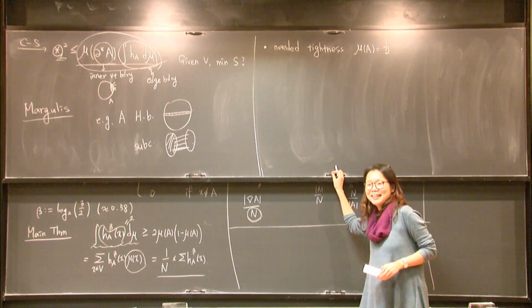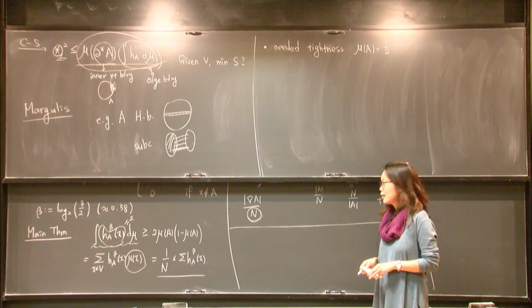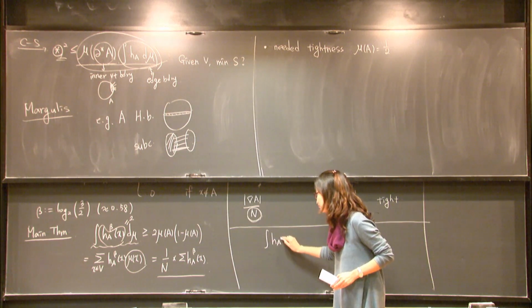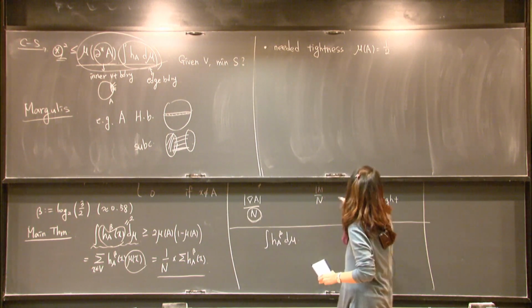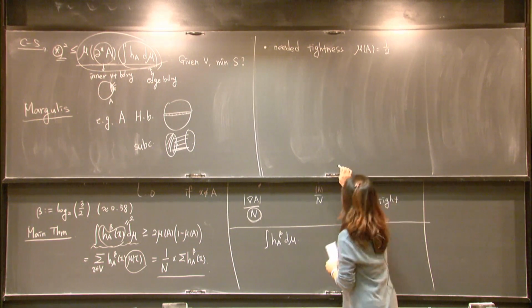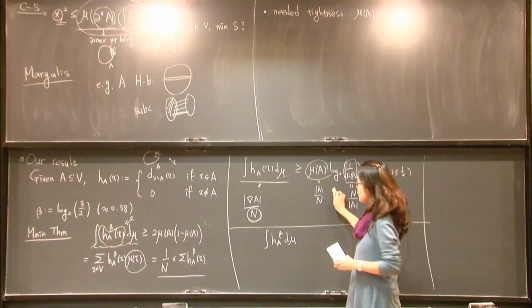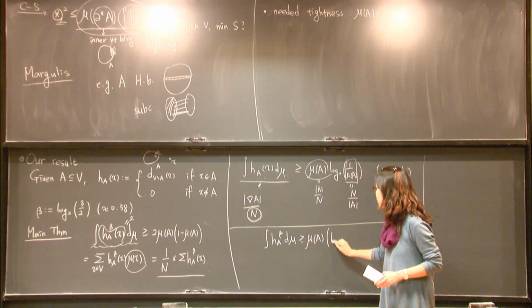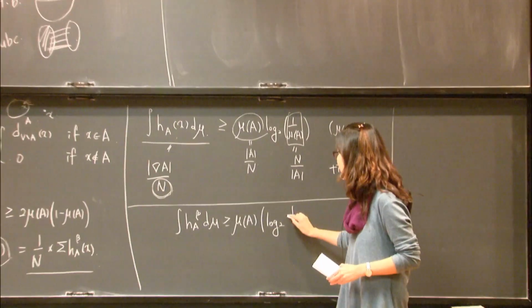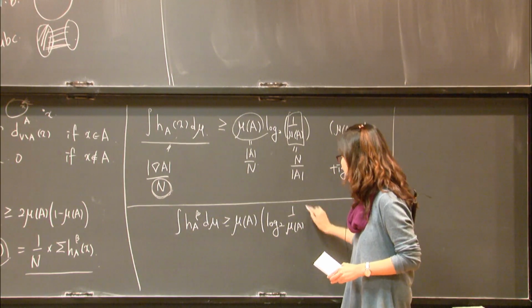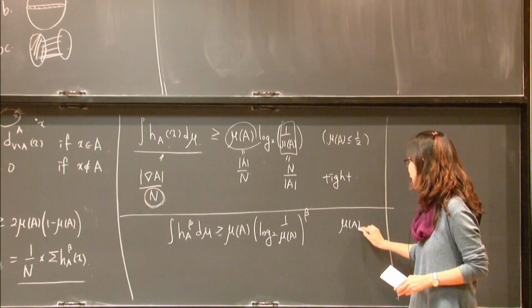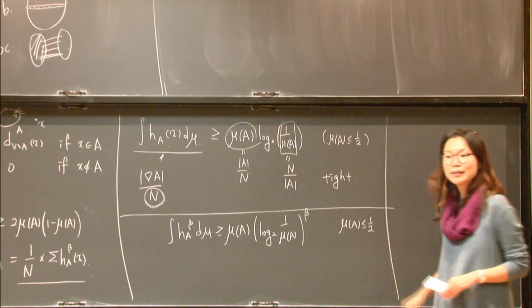Do you have one that was impossible to prove but you think is correct? Maybe we can show that log base 2 of 1 over mu of A to the beta, when mu of A is at most a half.